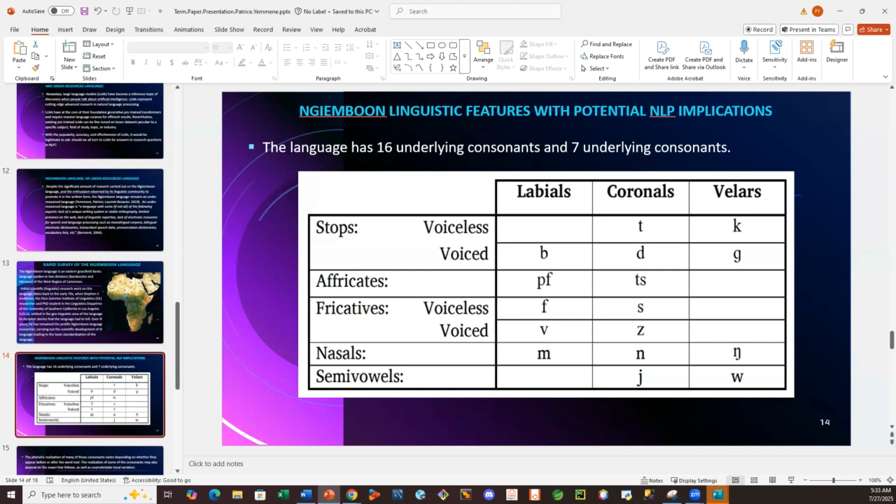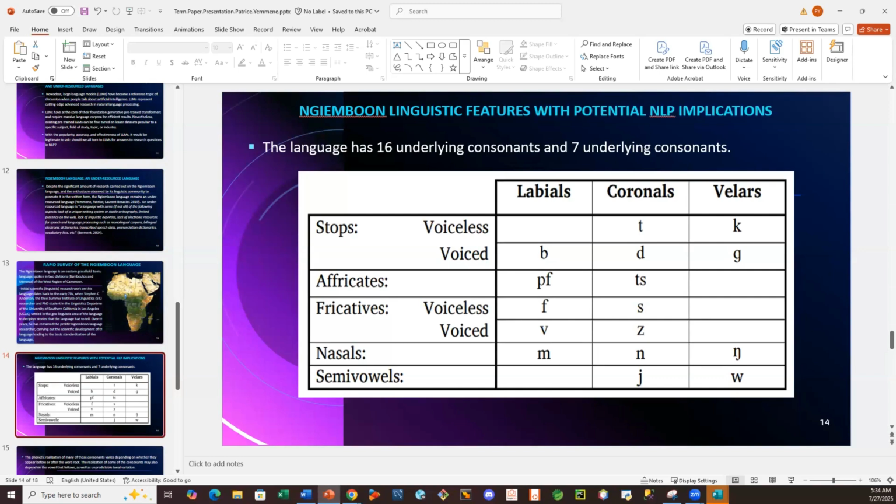And with all of that studies, Steve Anderson came up with these underlying consonants. We say underlying consonants because at the surface level, the phonetic realization of many of these consonants varies depending on whether they appear before or after the word root.